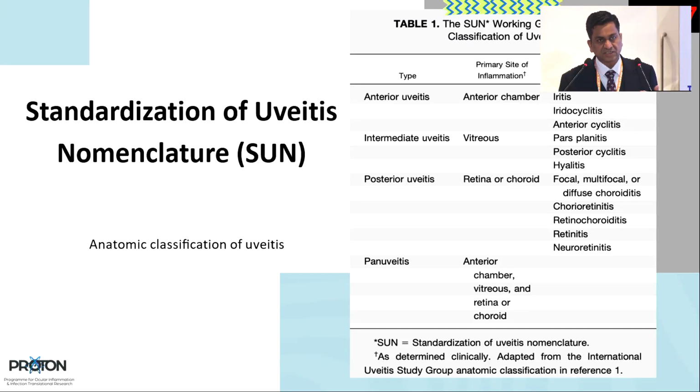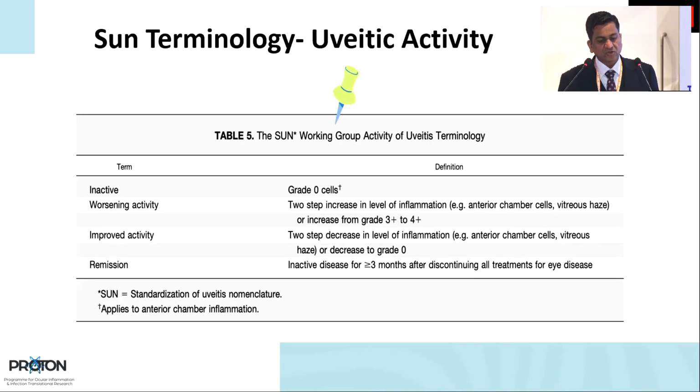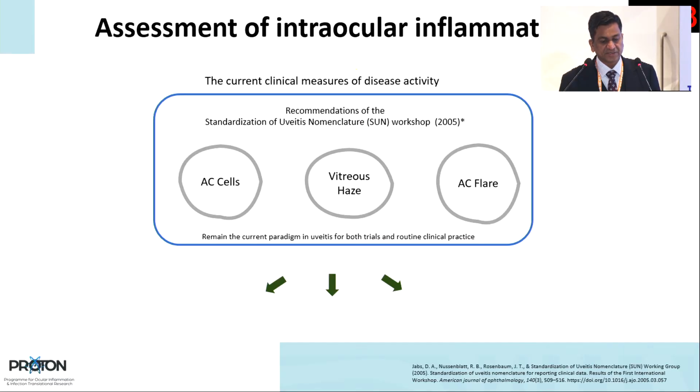The history is that SUN is the standard for the uveitis care pathway, whether in terms of nomenclature, and it has also defined the activity of uveitis in terms of inactive, worsening, improved, remission, all kinds of things have been defined by SUN. Also the inflammation in the eye, which we are trying to monitor, because this is what we want to achieve.